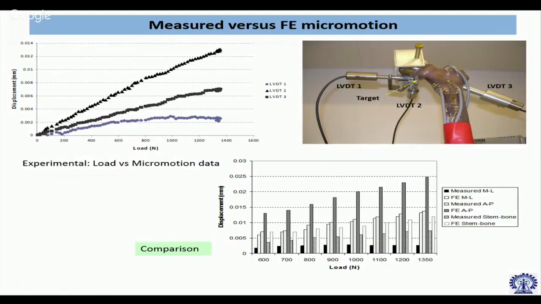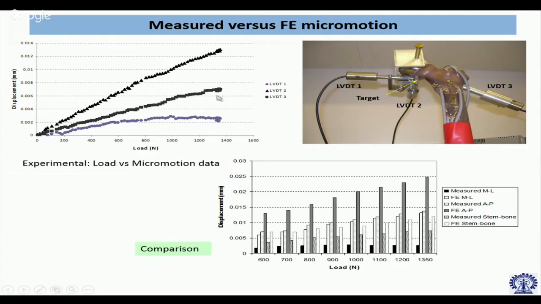Now we are also trying to measure, and probably we are among very few researchers in the world to actually track micromotion. These are the 3 LVDT outputs. LVDT2 gives quite a high response, but LVDT1 has a very low response.